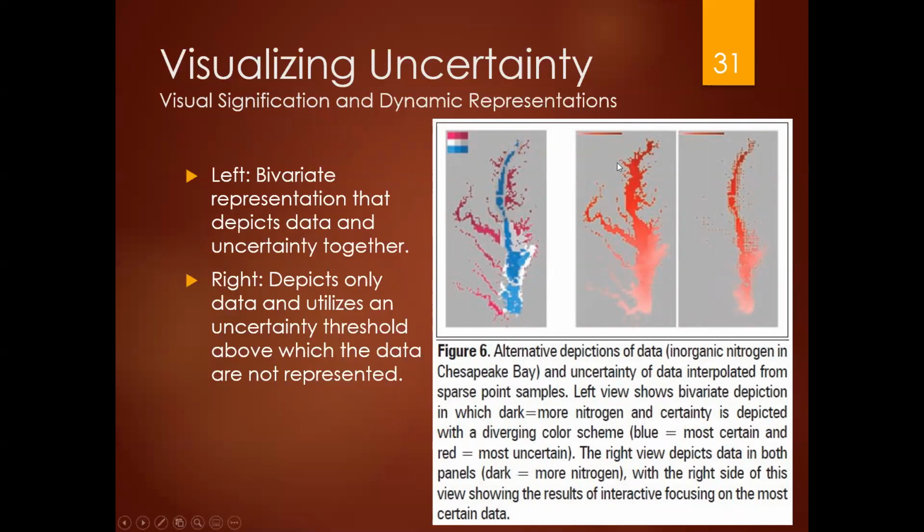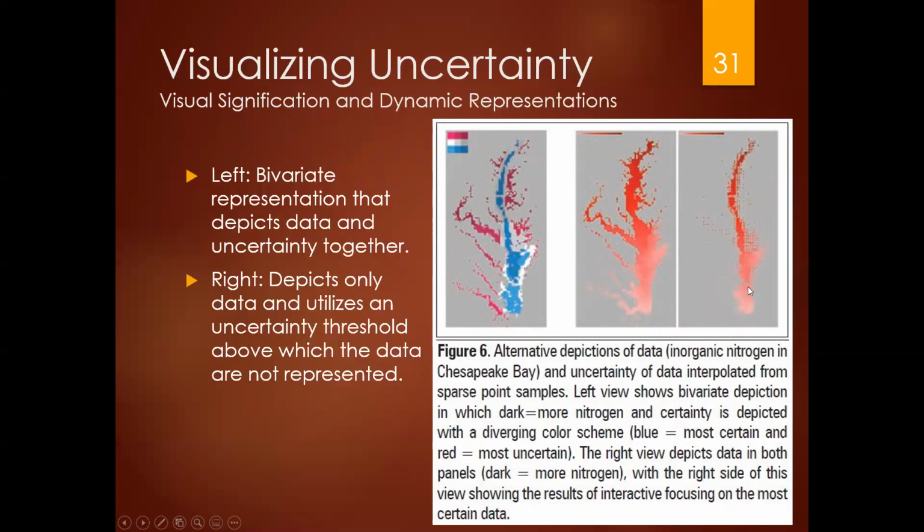On the left side, we have the whole map, no matter the uncertainty. On the right side, the user assigned a specific threshold for uncertainty. If the uncertainty is higher than that threshold, that area, that pixel will be temporarily hidden. That's the reason why not the whole watershed was shown, only the central area of the watershed.